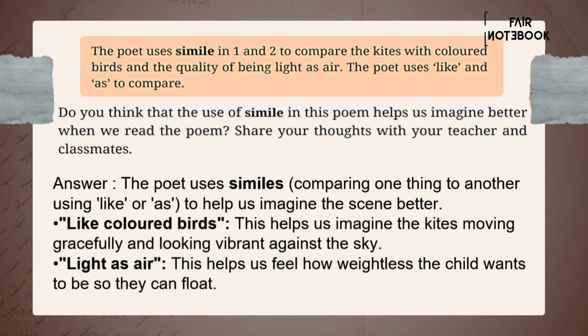The poet uses similes, comparing one thing to another using like or as, to help us imagine the scene better. Like colored birds, this helps us imagine the kites moving gracefully and looking vibrant against the sky. Light as air, this helps us feel how weightless the child wants to be so they can float.